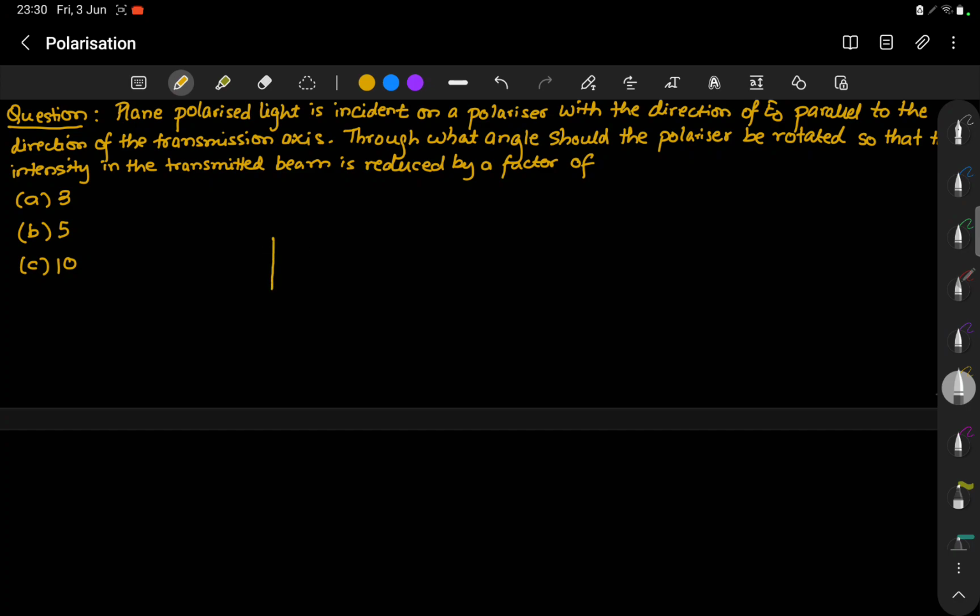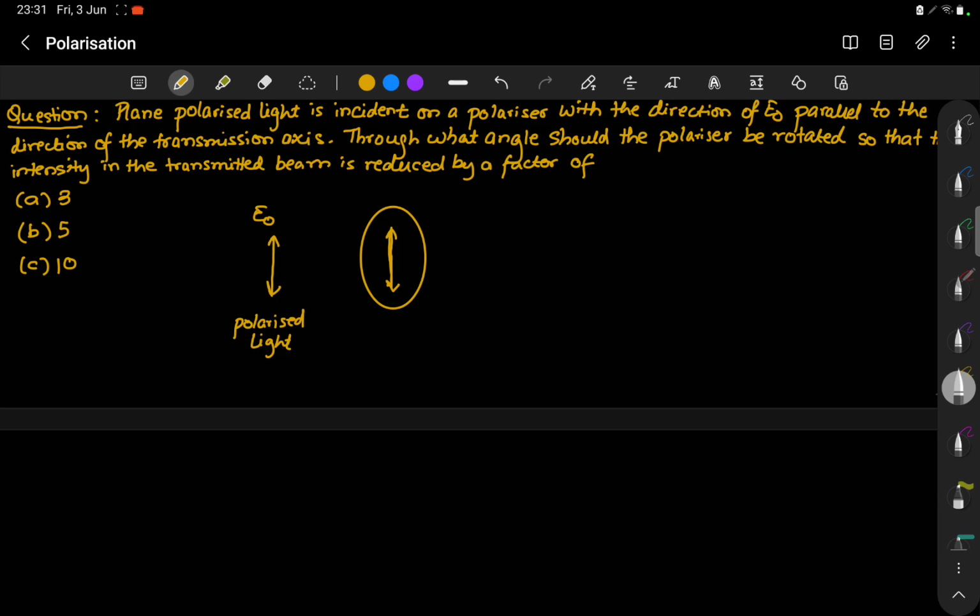We have the incoming electric field, this is polarized light, and then we have a polarizer whose transmission axis is also parallel to this polarized light E0. So this is the situation.